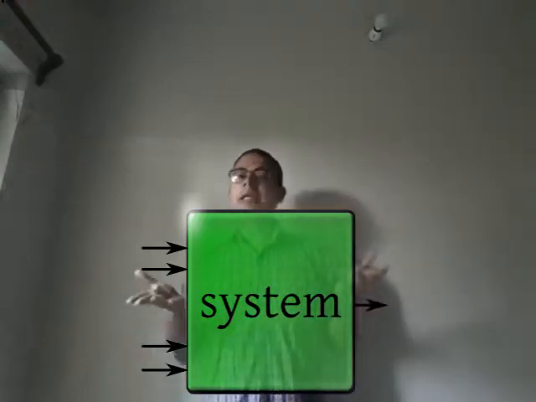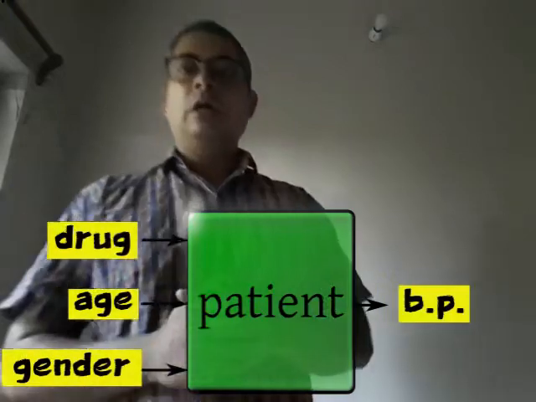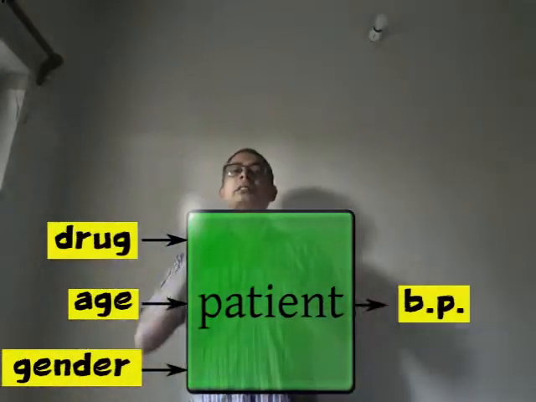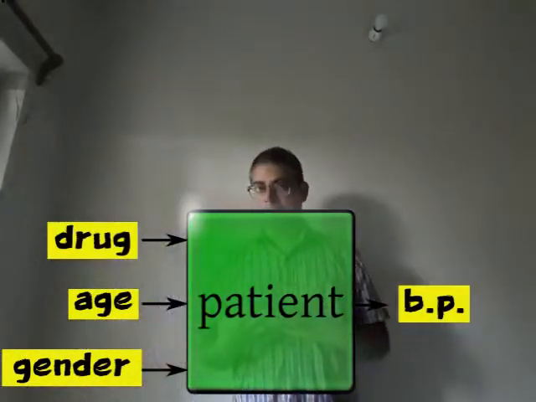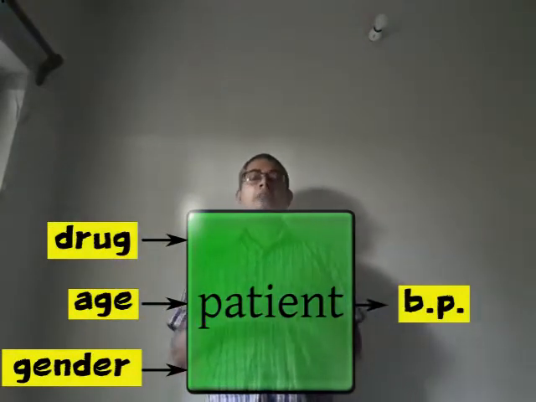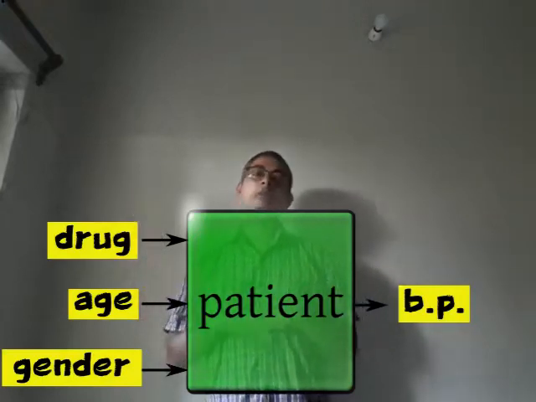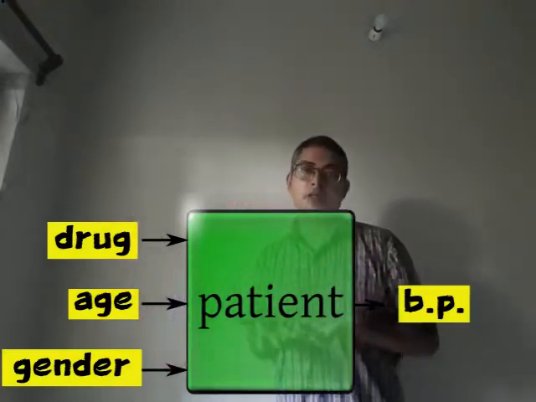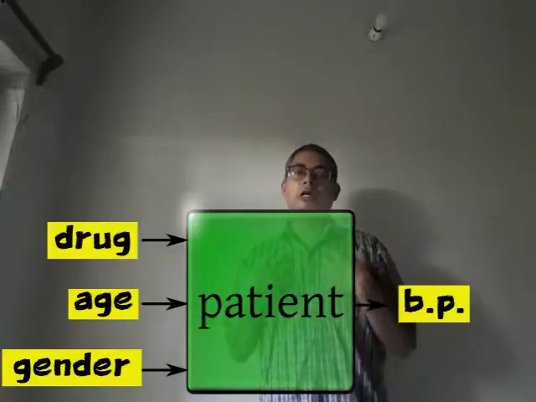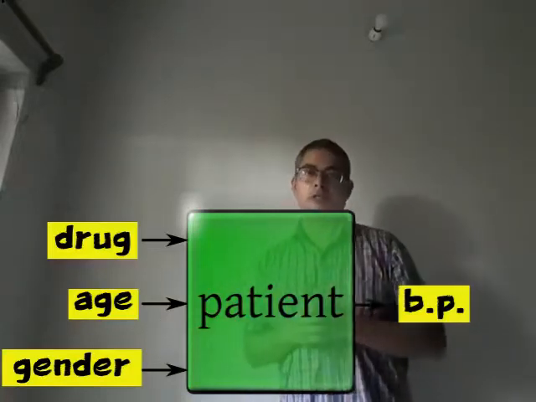Now there are various examples of this. Here, for example, is one of them. It could be that this system is a patient. This is a clinical example, and this patient has been given some medicine, a drug, that is one input. The patient also has some age, and the effect of the drug may very well depend on the age of the particular patient.